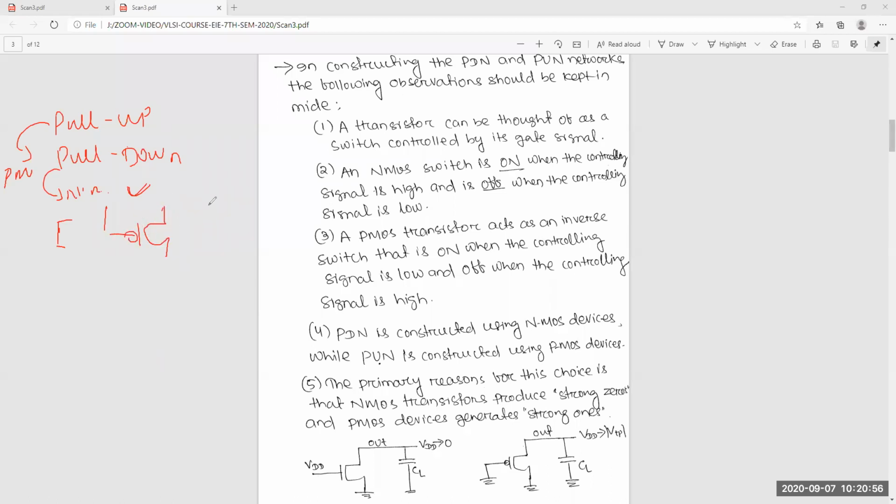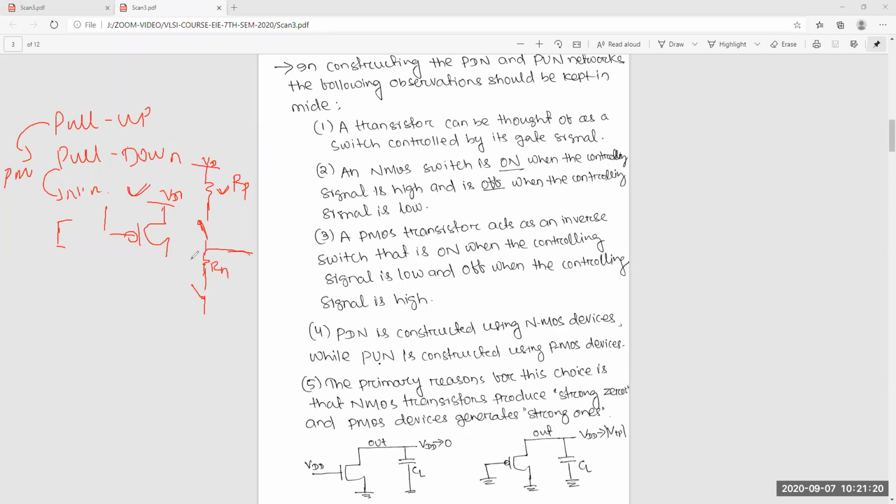Suppose this is a PMOS. When we model it, it will be a switch. Suppose this is VDD, so this is a finite resistance RP, and there is a switch. Similarly for NMOS, there is an RN.